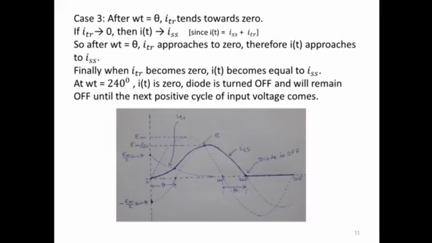Finally, when transient current is 0, the total current will be simply equal to the steady state current. Finally, at 240 degrees the current becomes 0, and that is the point at which the diode is turned off, and it will remain off for the remaining cycle, until the next positive cycle comes again.